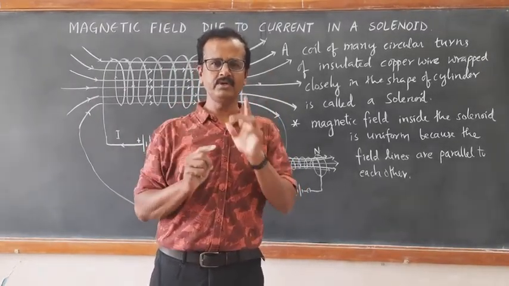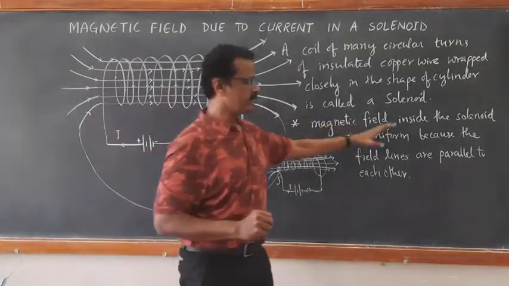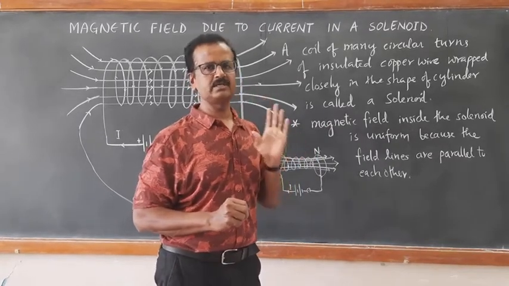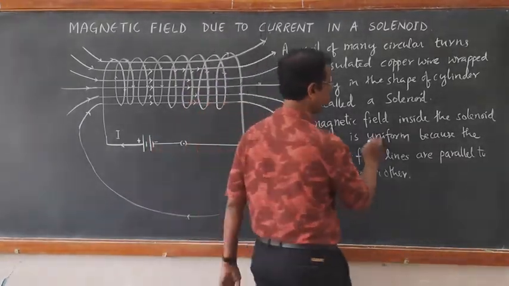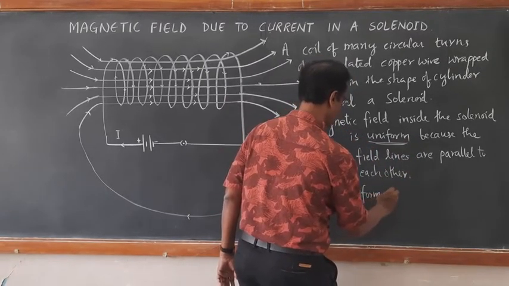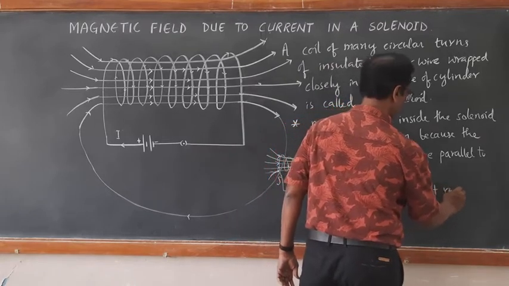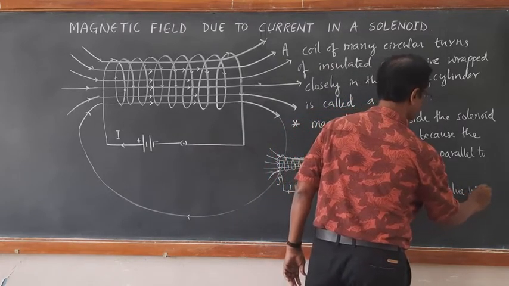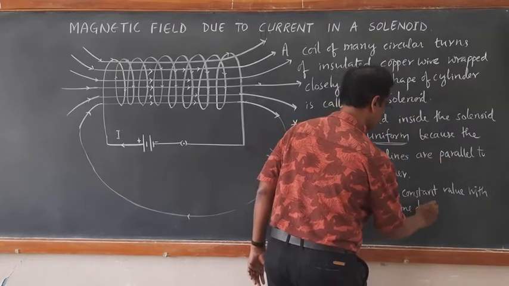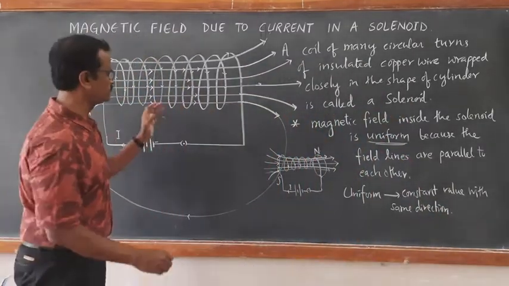Uniform magnetic field means it has a constant value with the same direction. There is no change of direction. That is evident inside the space of this solenoid.